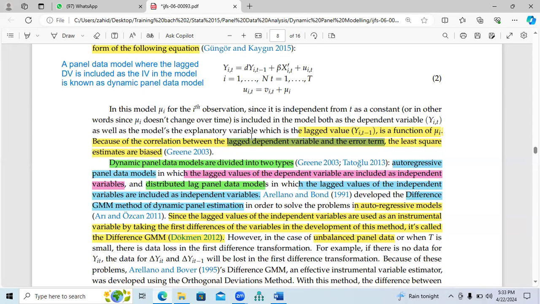So we need to see this paper. Here they have mentioned the lag value y it minus 1 is a function of u i. u i is basically the error term. So because of the correlation between the lag dependent variable and error term, the least square estimates are biased. What does it mean?